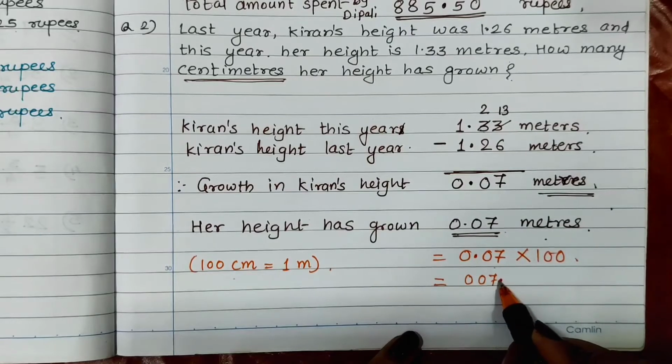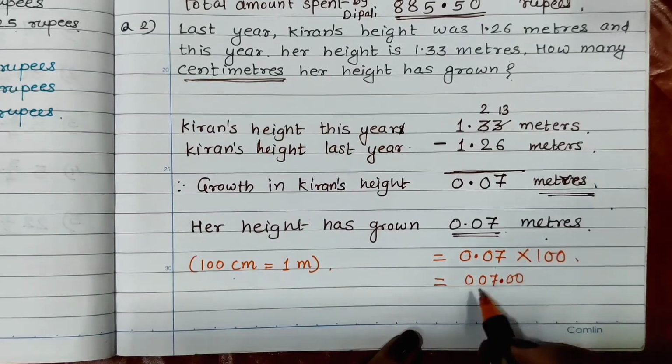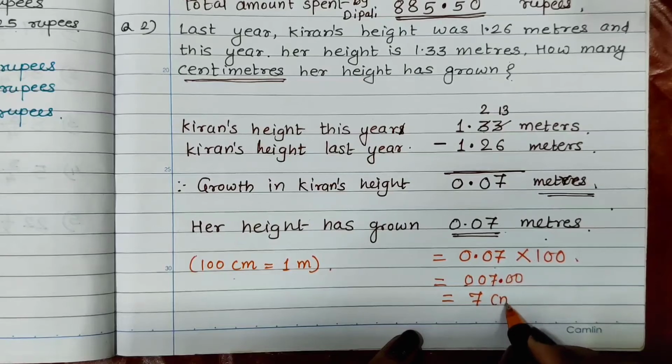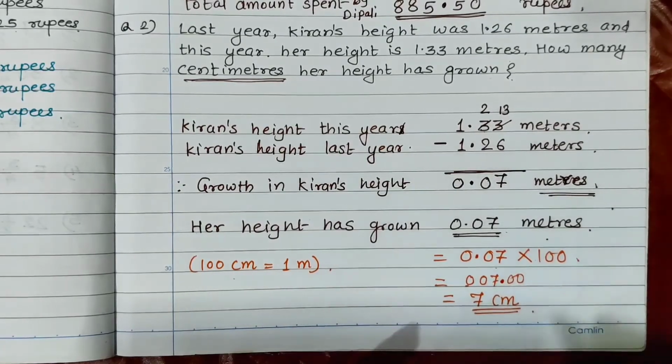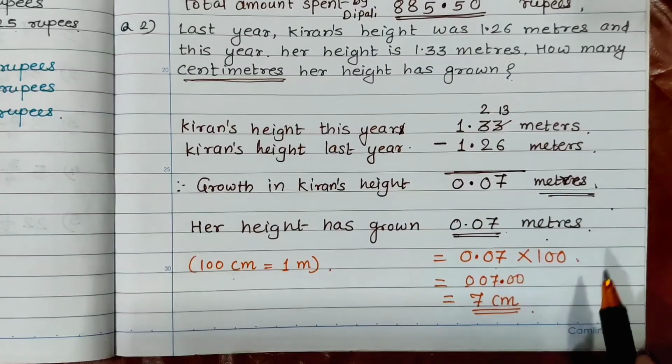Okay, and after the decimal point, that means after 7 nothing is there, so we put 0. That means before 7 also 0, after 7 also 0. That means only 7 centimeters is the answer. Before 7 also 0, after 7 point and 0 is there, so all these zeros do not have any value.